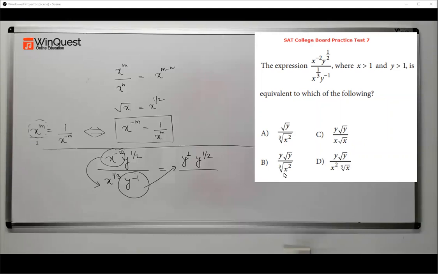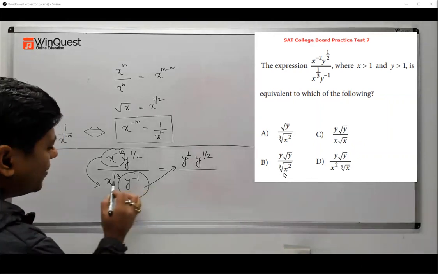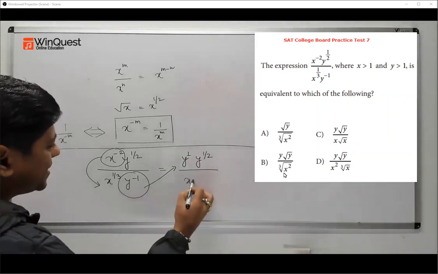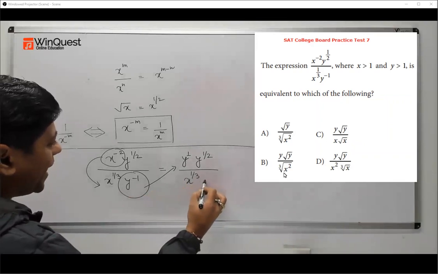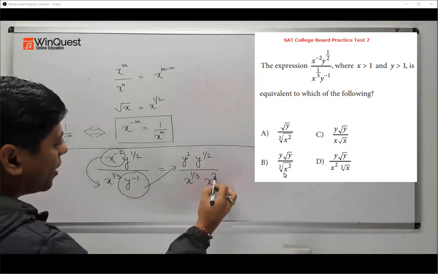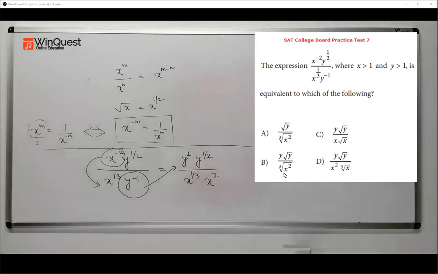Meenakshi, Vishwa. Yes, I agree. I agree too. I agree. So I will leave this x to the power 1 by 3 as it is and x to the power 2. Are we okay? Yes, sir. Would it be D? Don't jump onto the solution, guys. Stay. Aaram se, no problem.